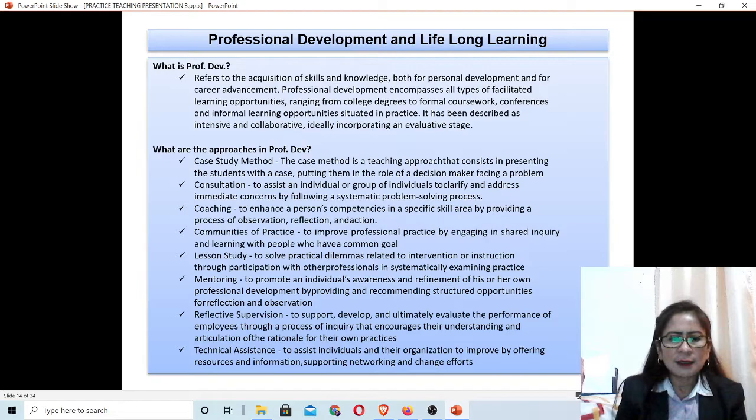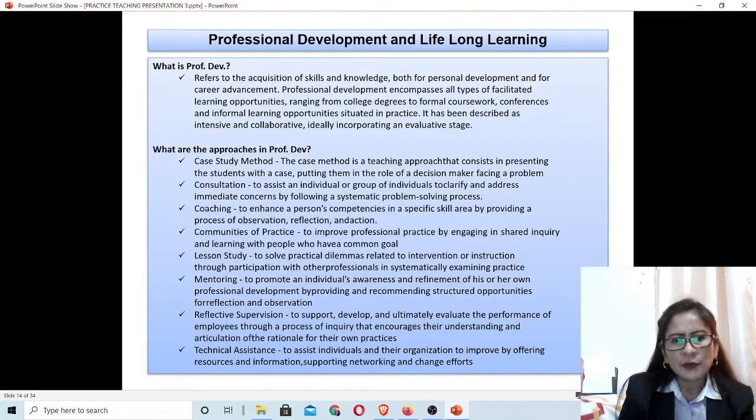Lesson study: to solve practical dilemmas related to instruction through participation with other professionals in systematically examining practice.